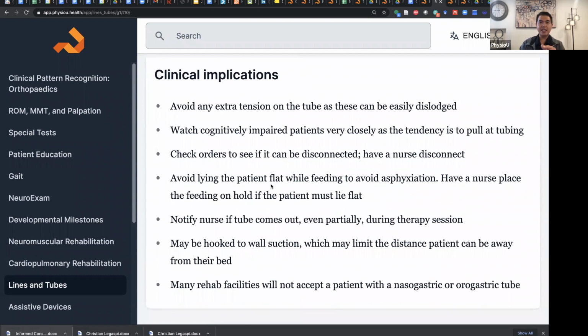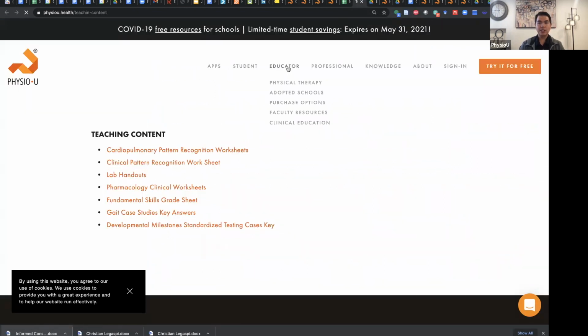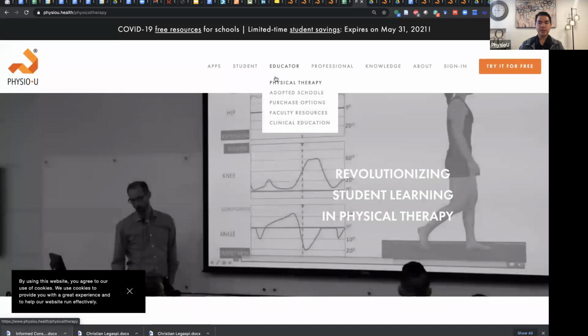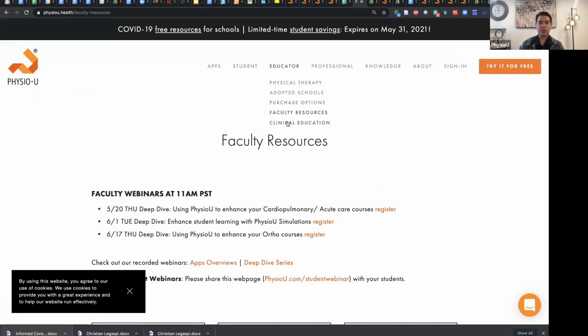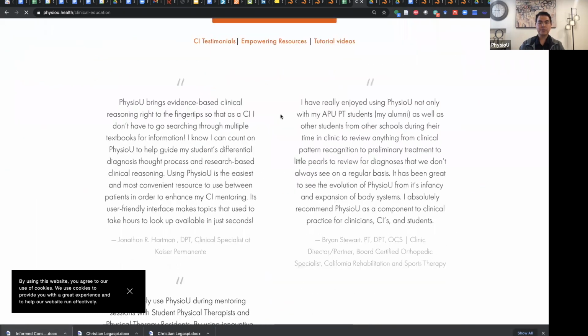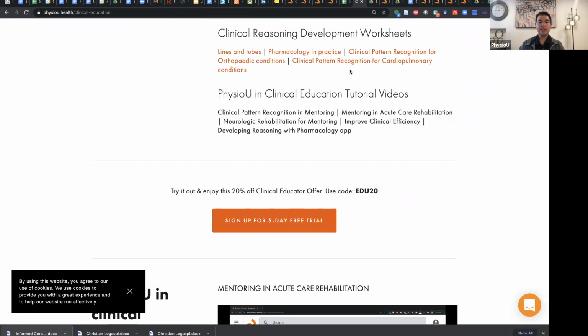We have connected this to some clinical education worksheets. So what I mean by that is if I go back to here, educator, faculty resources. Oh, actually, it's under clinical education. There are some lines and tubes worksheets.